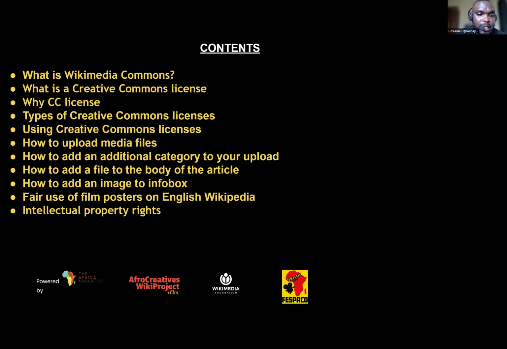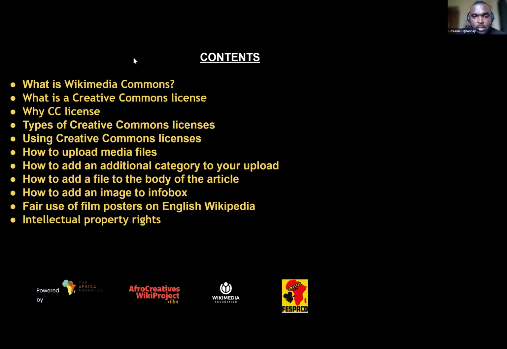The types of Creative Commons licenses that we have, how to use Creative Commons licenses, talk about attribution and whatnot, how to upload media files to Wikimedia Commons, how to add an additional category to your upload, how to add a file to the body of maybe a Wikipedia article, how to add an image to an infobox, and then understanding the fair use of images and film posters on English Wikipedia, for instance, and intellectual property rights.